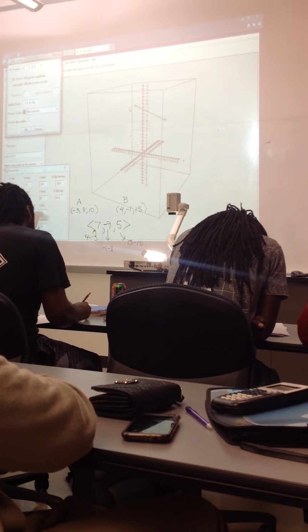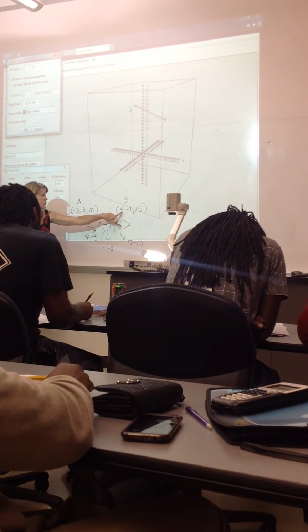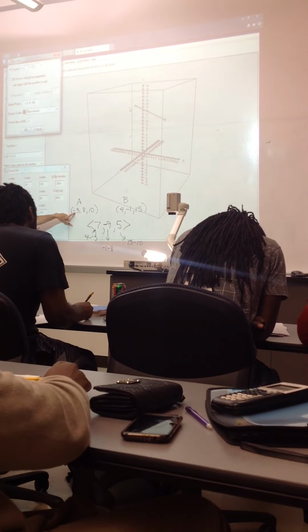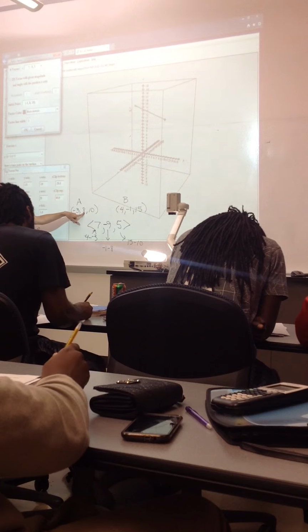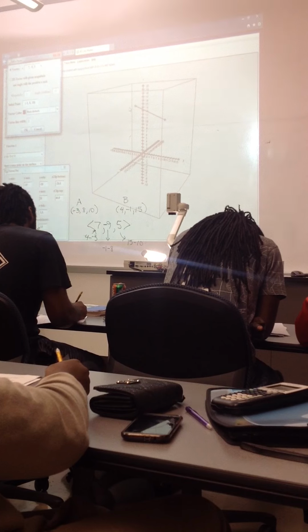If you don't go in that direction, you're not going to get the direction of the vector correct. Okay, so I had to do 4 minus -3 to get +7. I had to do -1 minus 8 to get -9. I had to do 15 minus 10 to get 5.